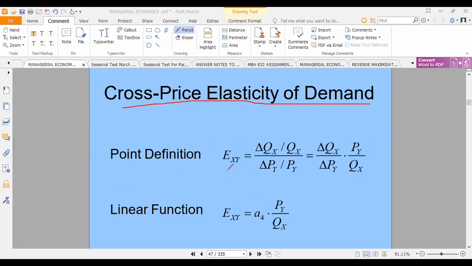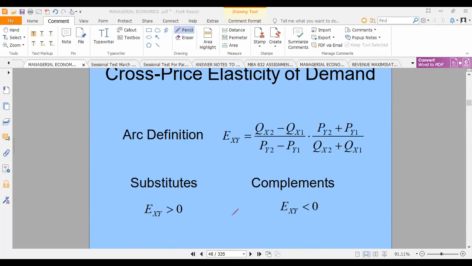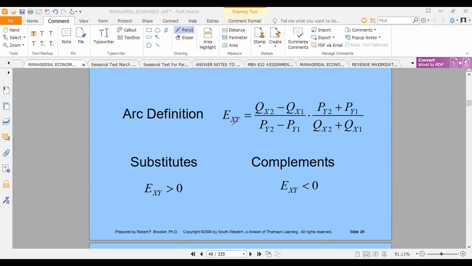So for cross price elasticity, if our elasticity is negative, we call them complementary goods. If the cross price elasticity is positive, it is called a substitute good. Substitute goods are goods with the same usage, like margarine and butter.